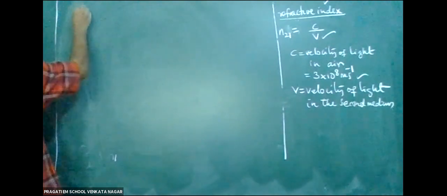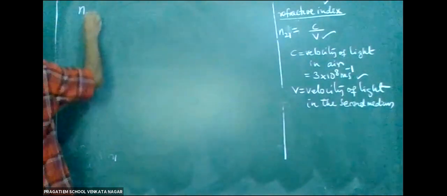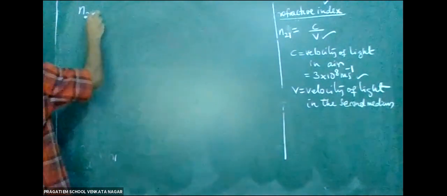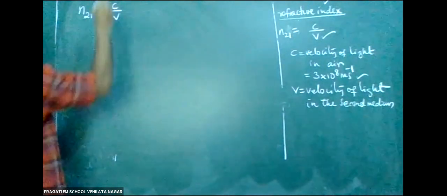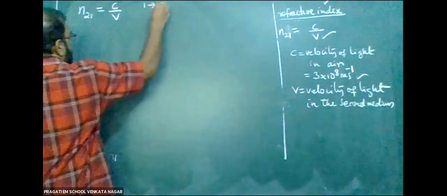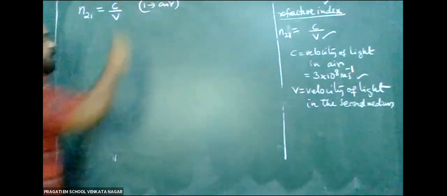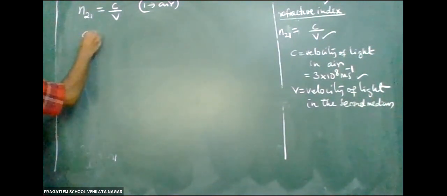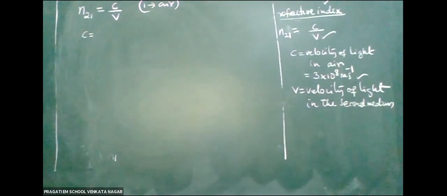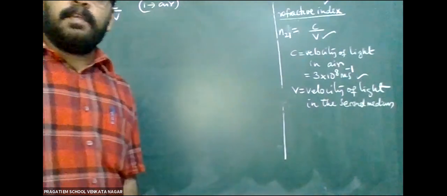So today what we studied, the most important formula is N21 is equal to C by V, or N is equal to C by V. Here the first medium is air. And again I am repeating it: C is the velocity of light, V is the velocity of light in the second medium.